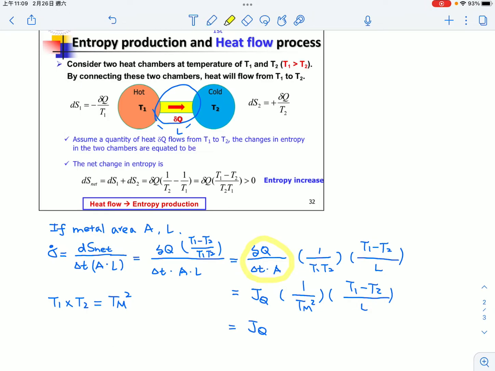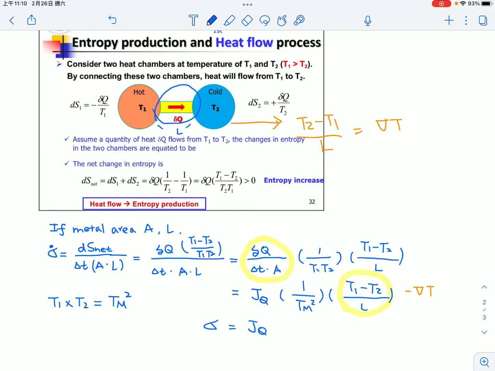And what is this term? It is a temperature gradient, minus temperature gradient, because the heat flux is going this way, right? So T2 minus T1 divided by L is the gradient. But now here it is T1 minus T2, so I put a minus, minus temperature gradient.